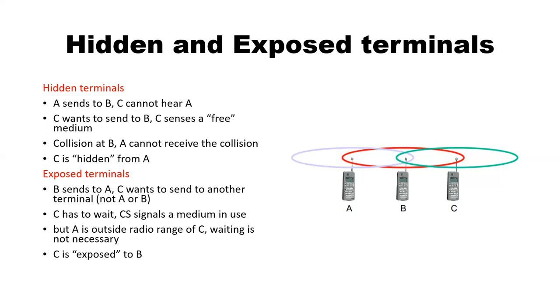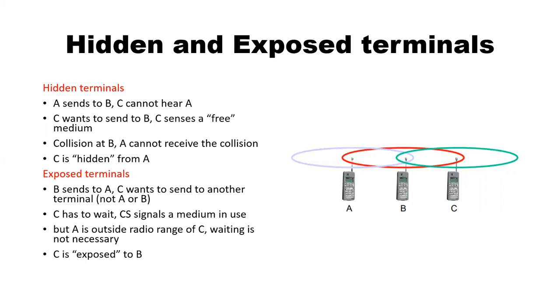At the same time, C is not visible because C's range is not within A. When C wants to send data, also to B, and it senses the medium, it is not aware of A's transmission, so it also sends the data to B. At that point, we get a collision at B. Both the data of A as well as C do not reach the destination B because of the collision.